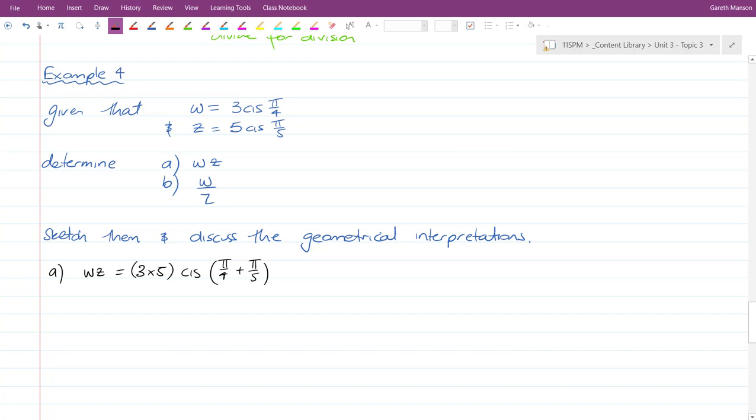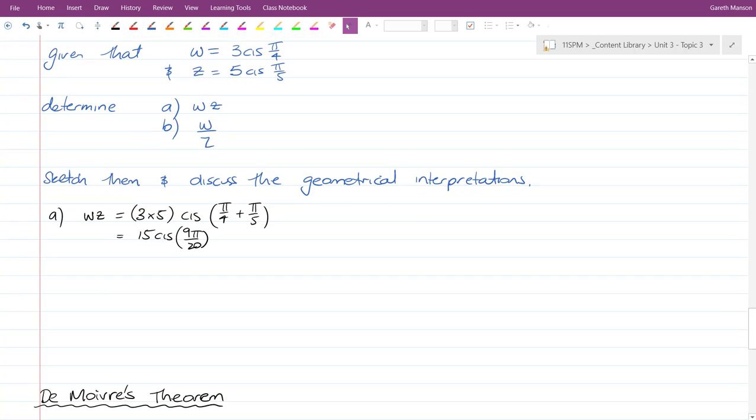So 15 cis 9 pi on 20. And then B, the division, we get W on Z is equal to 3 over 5 cis (pi on 4 minus pi on 5). And that, of course, is equal to 3/5 cis pi on 20.